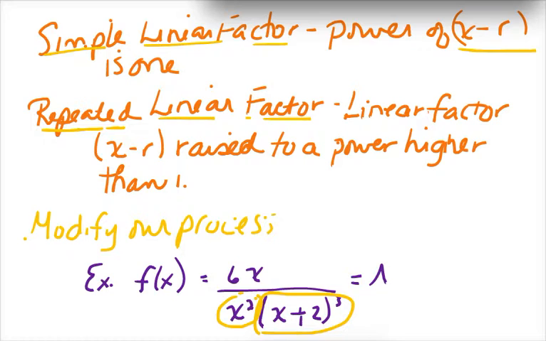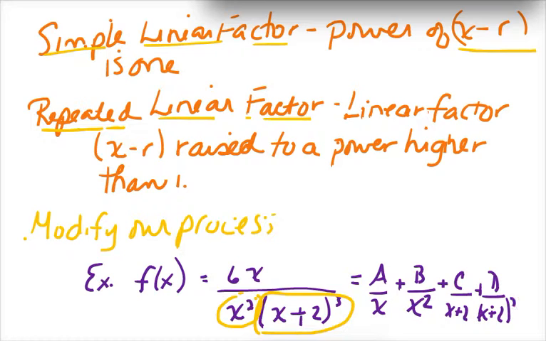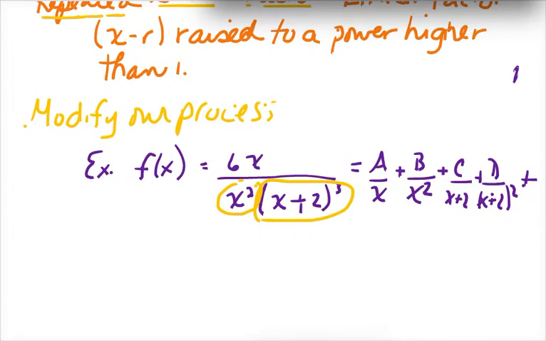We would decompose it into a over x for the first power of x, plus b over x squared for the second power, plus c over x plus 2, plus d over x plus 2 squared, plus, I'm running out of space here, plus the fifth and final term would be e over x plus 3 cubed.